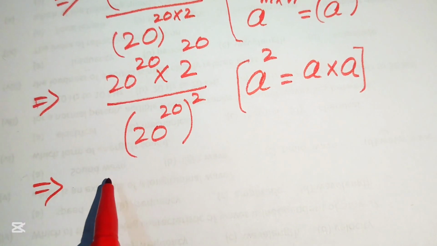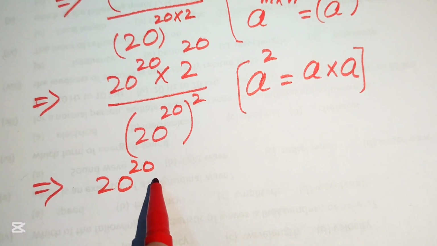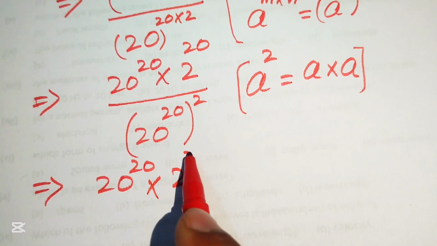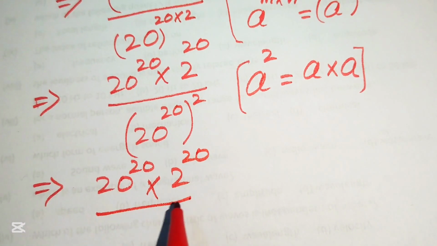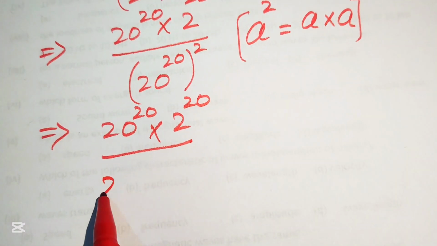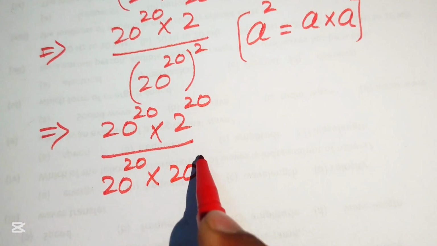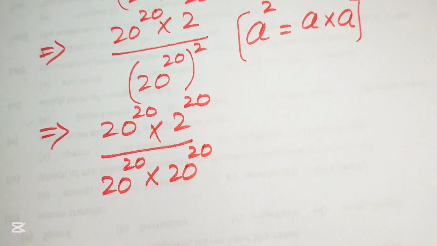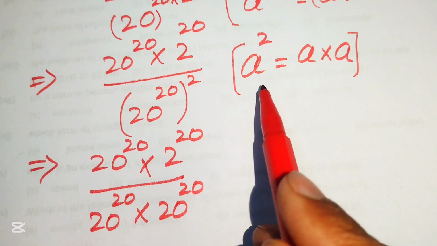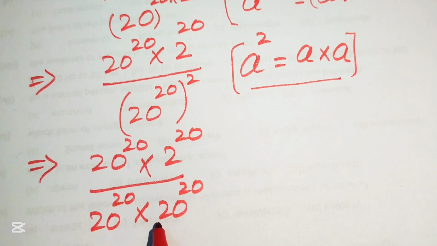We write the numerator as 20 to the power of 20 multiplied by 2 to the power of 20, divided by 20 to the power of 20 multiplied by 20 to the power of 20. So you see, according to this rule we write this square in this form.